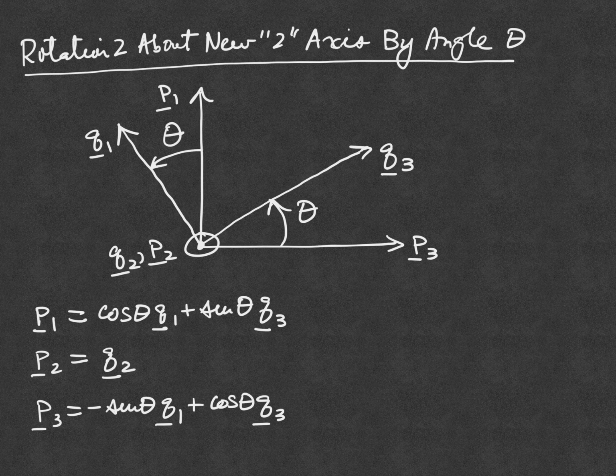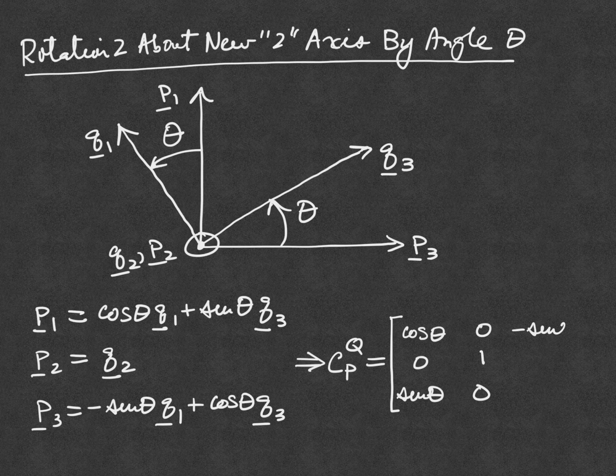So then these relationships can be used to determine the transformation from P to Q, which is equal to cosine of theta, 0, sine of theta, 0, 1, 0, and then minus the sine of theta, 0, cosine of theta.